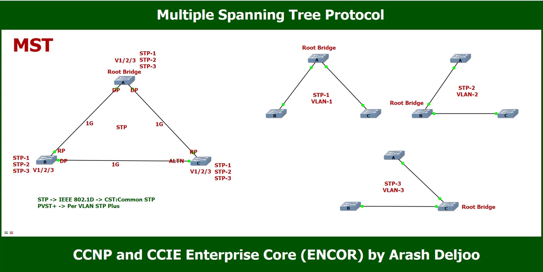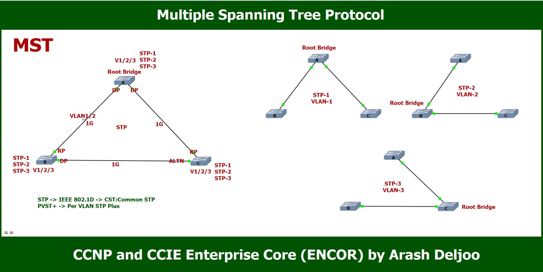The benefit is that we don't, for example, shut down one link for all VLANs. Actually, we are using some links for some VLANs and other links for other VLANs. Here we can understand that the link between switch A and switch B now is working for VLAN 1 and VLAN 2. Let me write here. This link is working for VLAN 1.